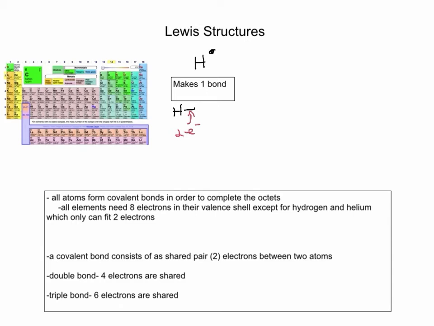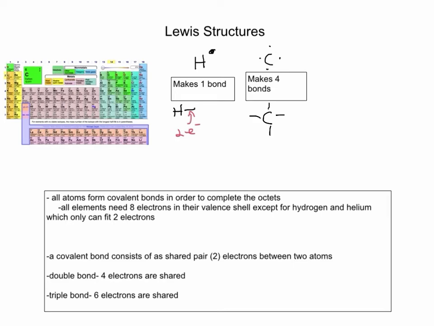If we move now to the rest of the nonmetals, we get to carbon. Carbon has 4 valence electrons, and therefore needs 4 more. So in order to gain 4 electrons, carbon is going to make 4 bonds, and this will usually look like carbon in the middle with 4 bonds around it.